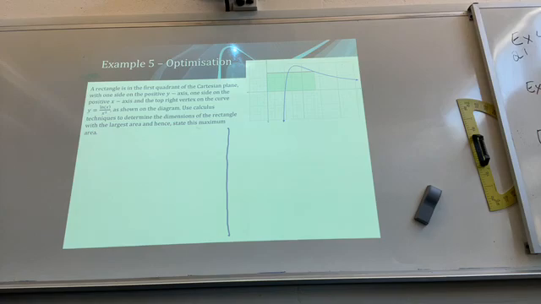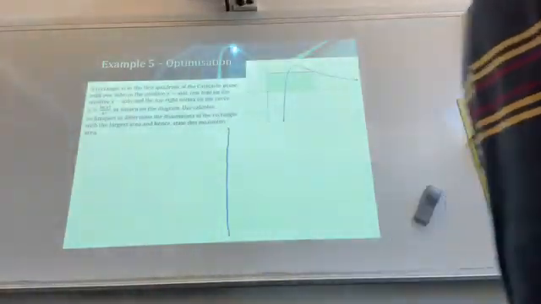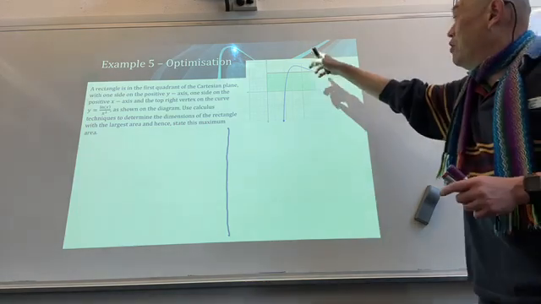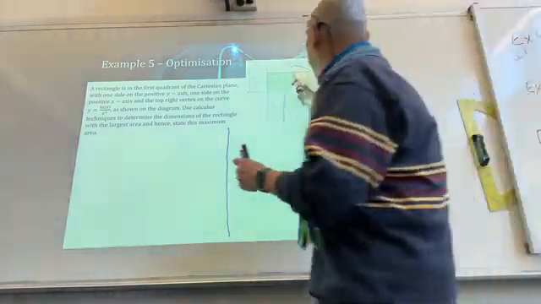If you've got a question like this in the exam, and it's not shown, you may have to sketch it on your ClassPad. At least sketch y equals ln x over x squared, so that you know that it's something like this, and you can draw that.